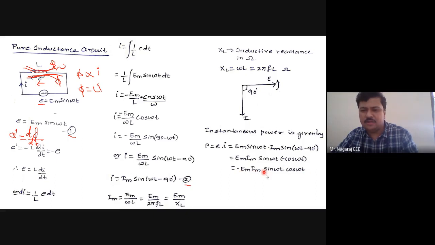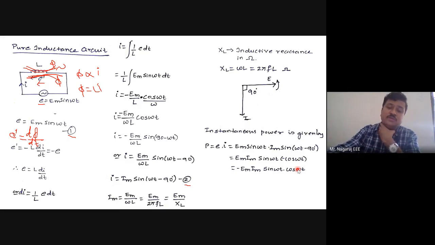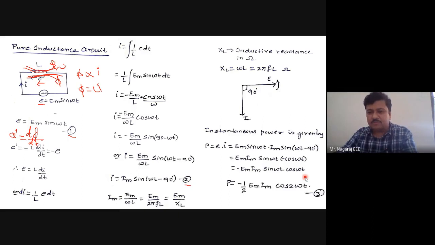And we know that sin 2 theta equals 2 sin theta cos theta, or sin theta cos theta equals 1 by 2 sin 2 theta. Now I have sin omega t cos omega t, which I will write as 1 by 2 sin 2 omega t.